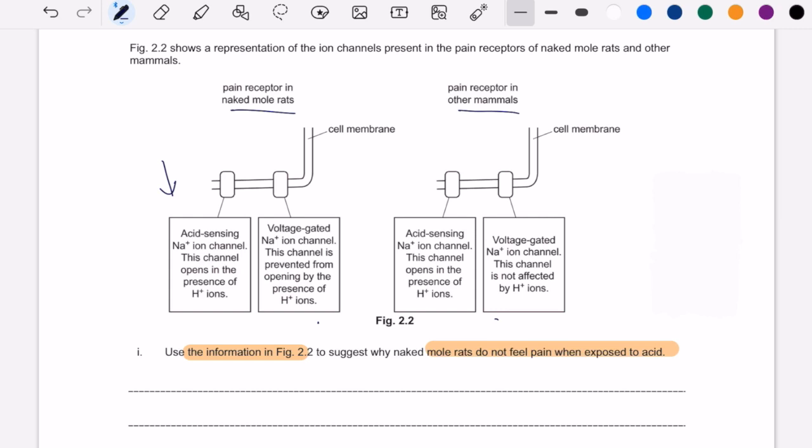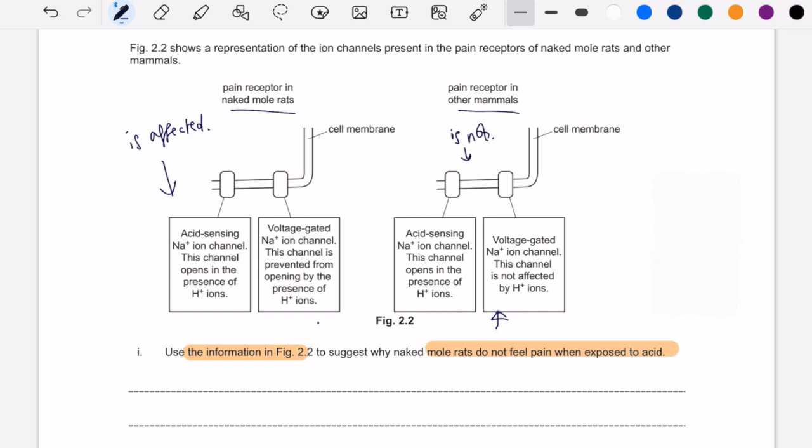This channel is prevented from opening by the presence of H plus ions. But this one says voltage gated sodium ion channel. This channel is not affected by H plus ions. Okay, so this one is affected, and this one is not affected. So that's very important to realise.